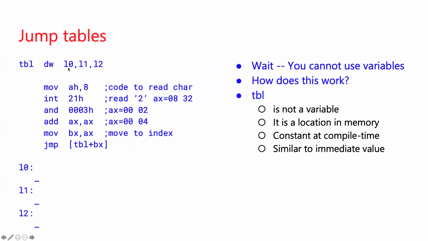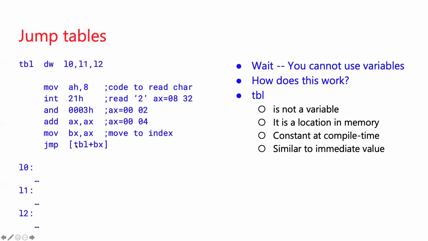So TBL is pointing at the word that contains L0, because these are just the initialization values for these 3 words. So the first one's going to contain L0, the next one's going to contain L1. And when I say it contains L1, if you looked in that word, it would contain whatever the address of the instruction after this L1 is.